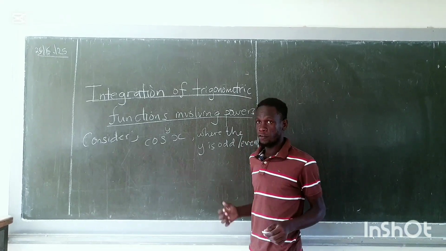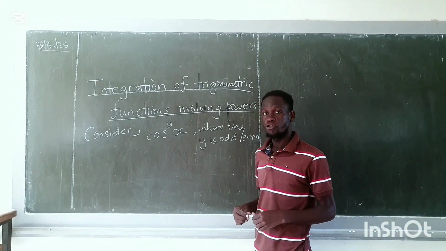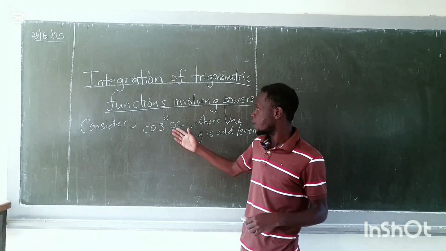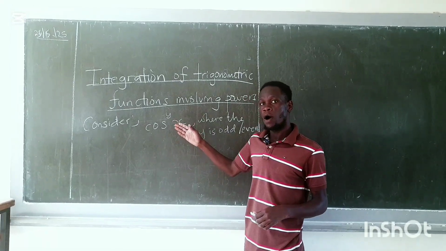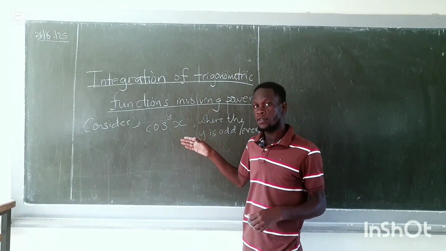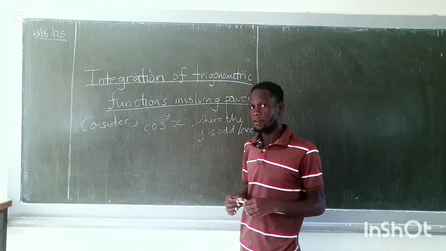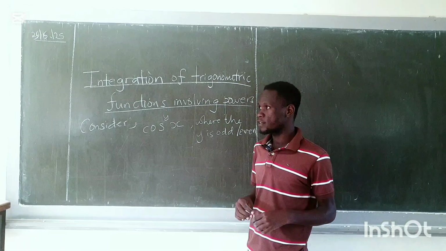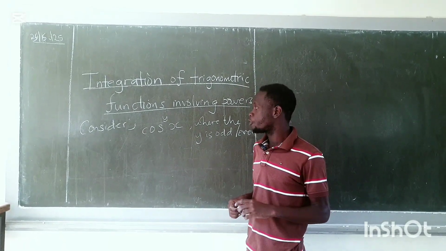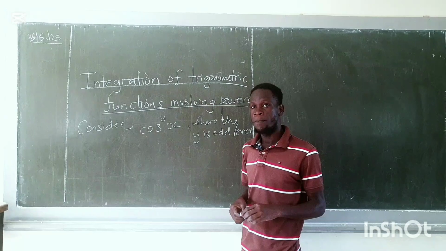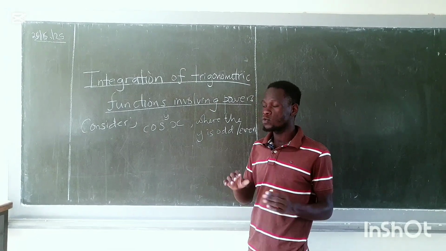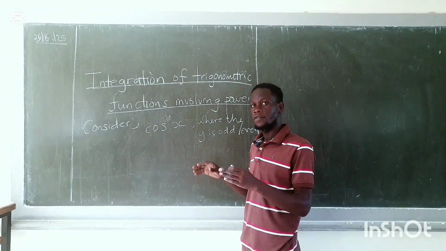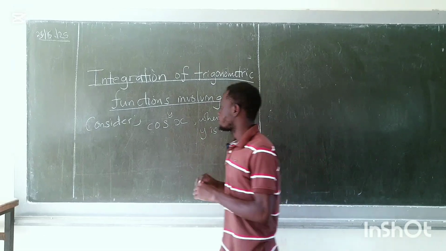You realize that if you're integrating trigonometric functions having odd powers or even powers, you handle them differently. For the first case, let's look at integrals involving odd powers, that is 1, 3, 5, 7, and above.